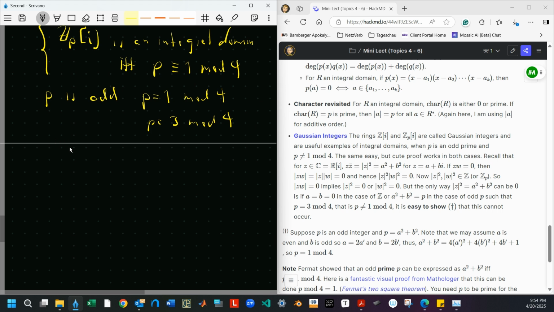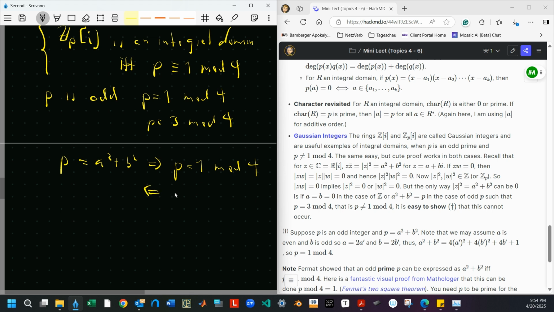What I want to see is that if P equals A squared plus B squared, then it must be the case that P equals 1 mod 4. So this is actually the easy direction.